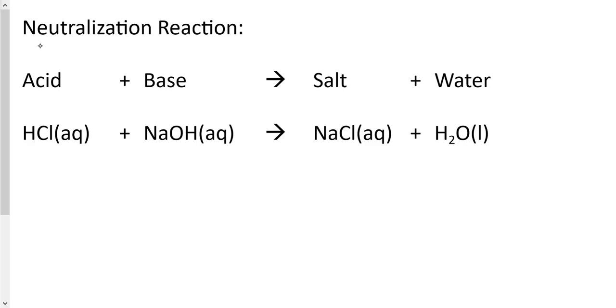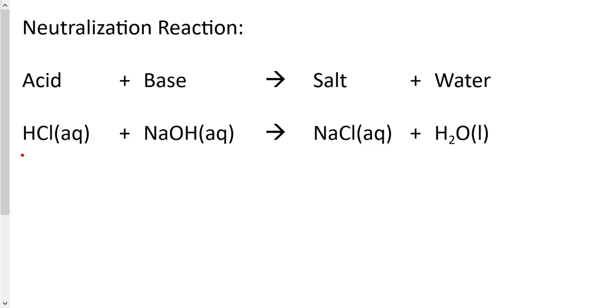Both acids and bases are extreme, but we are forming something that is normal, water, neutral. So in a neutralization reaction, easiest way to remember is you're using two extremes to form water, which is neutral.